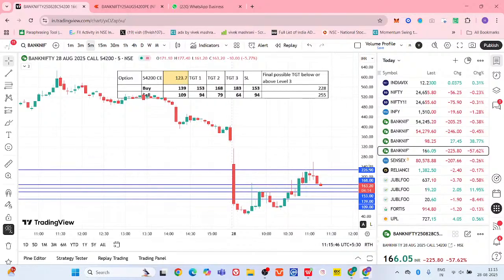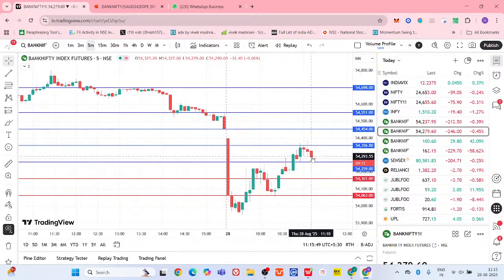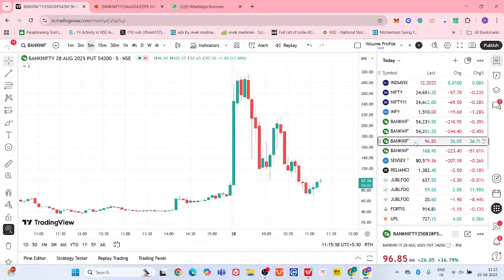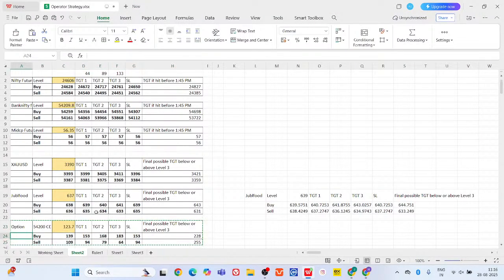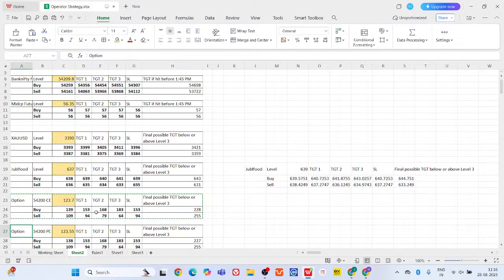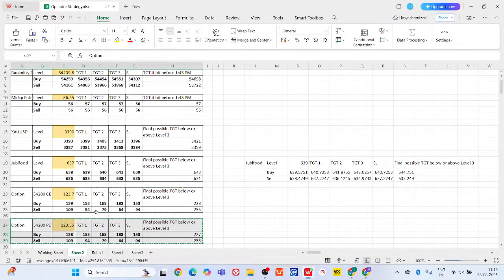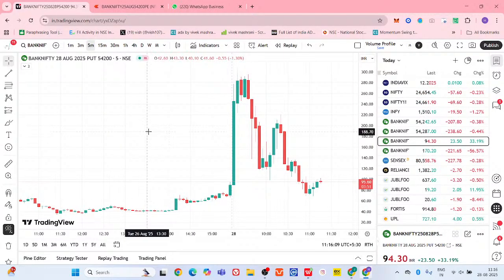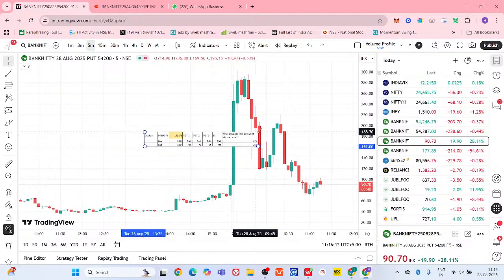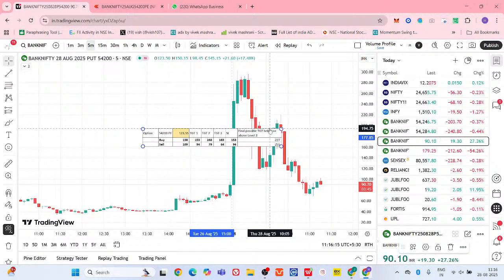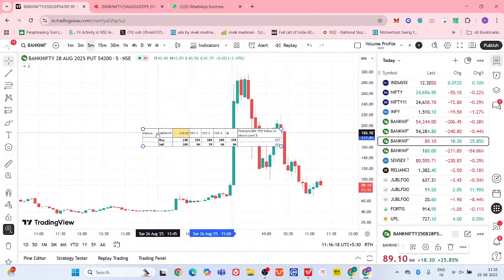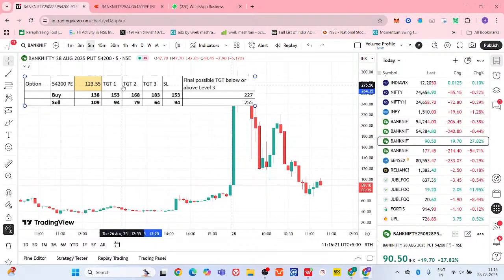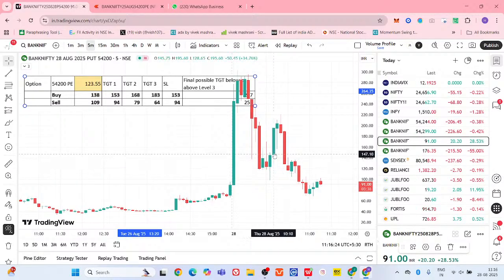I will wait for this to come down completely because Bank Nifty also we have to observe. Now it is near this level, correct? 54,200 put also I'll mark for you. I already kept the levels. 138 above is buy, after 10 o'clock only.